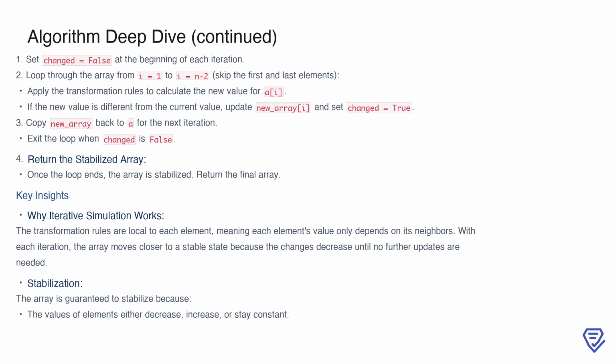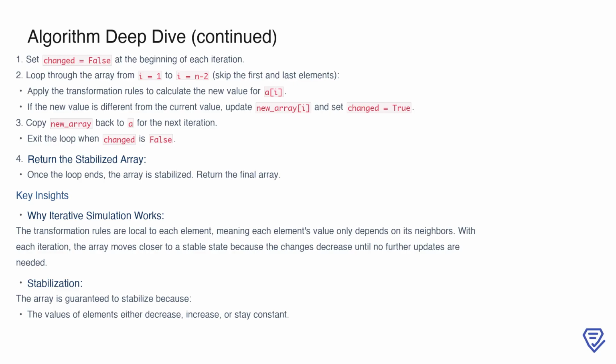Now, we start the iterative process. At the beginning of each iteration, we set the changed flag to false. Then, we loop through the array, focusing only on the middle elements, those between the first and last positions. For each of these elements, we apply the transformation rules. If the new value for an element differs from its current value, we update it in new_array and set change to true.